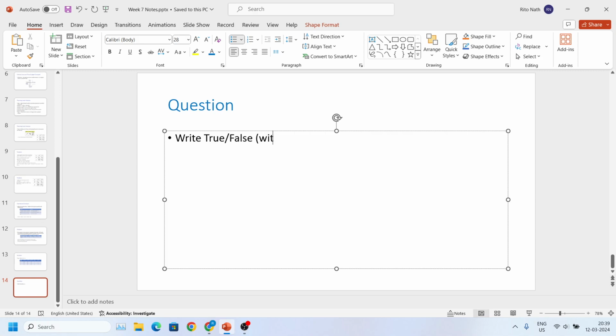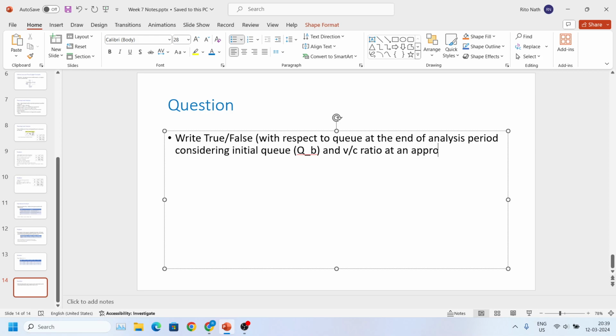With respect to the Q at the end of analysis period, considering initial Q, which is QB, and V by C ratio at an approach of a signalized intersection.